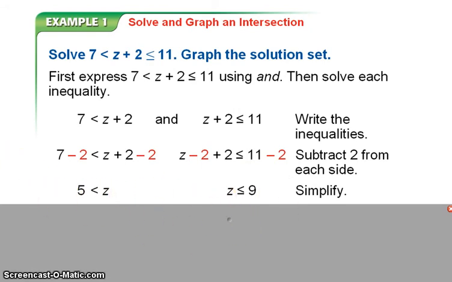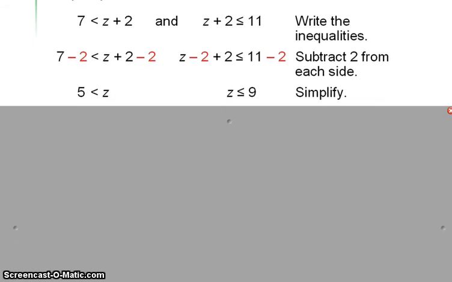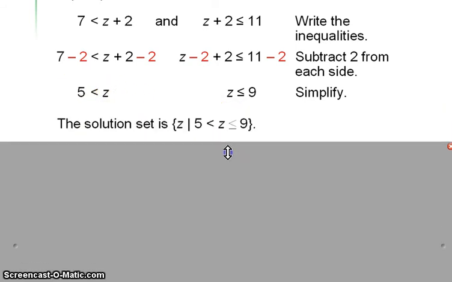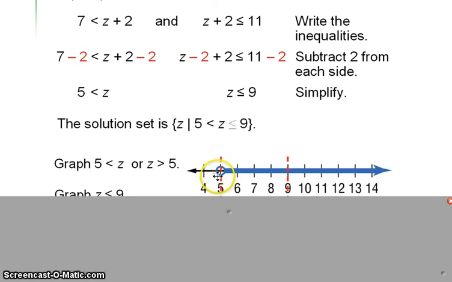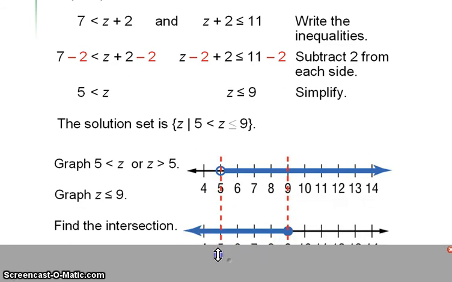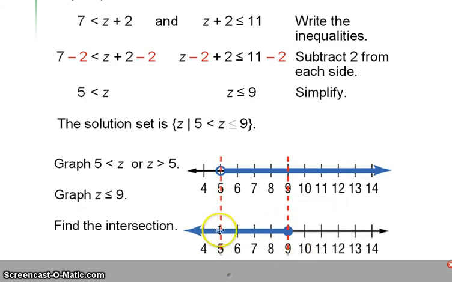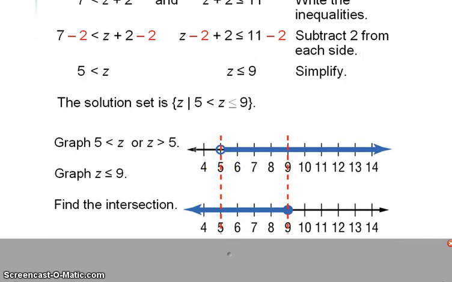So what we want to do is graph those two. Let's graph this first one: z is greater than 5. Here's what our graph looks like. If we graph z is less than or equal to 9, here's this. So we want to look at the intersection of them.